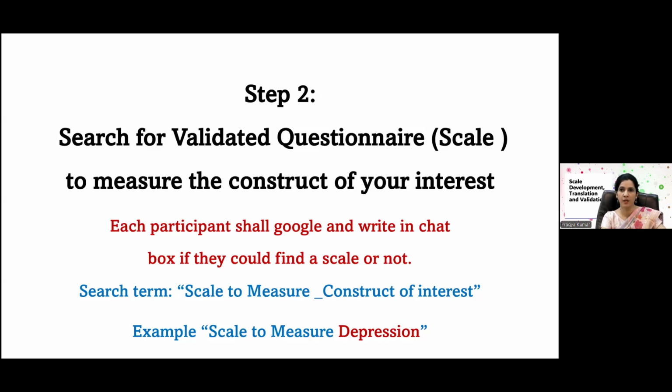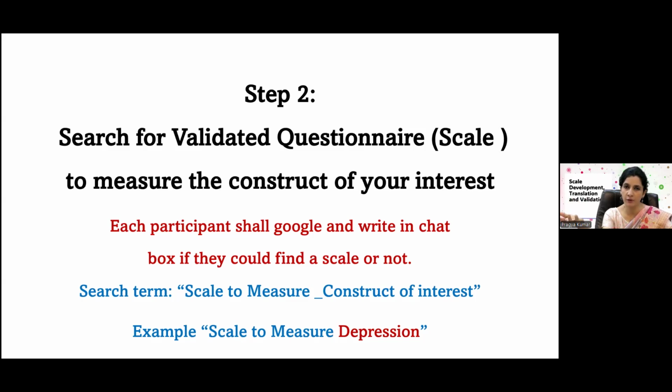Aditi is writing much less burned out inventory. Yes. So you will see now that whenever you have some construct already, there is some related scale. Like there was one girl who wanted to measure stigma. There was a scale which measured stigma in HIV people.